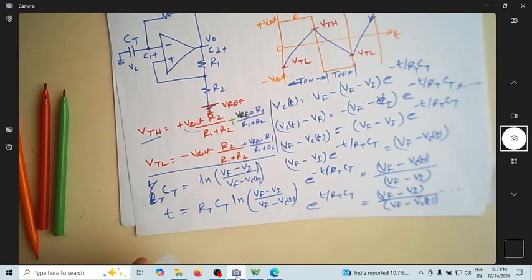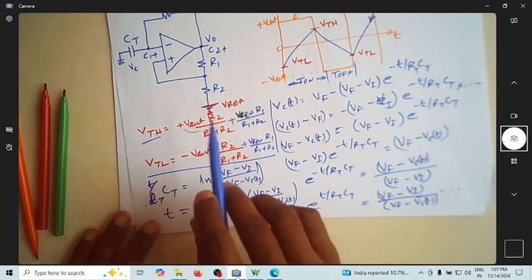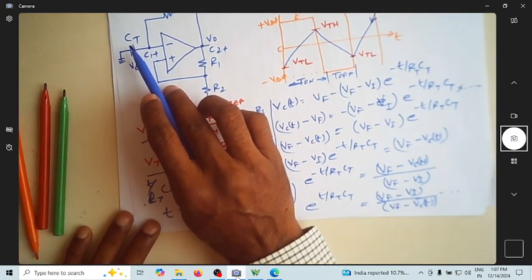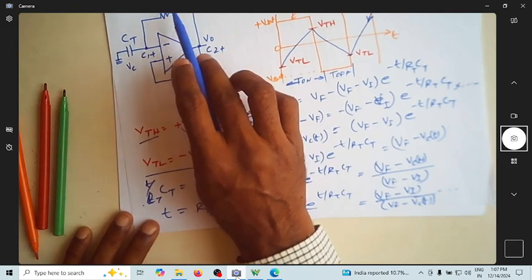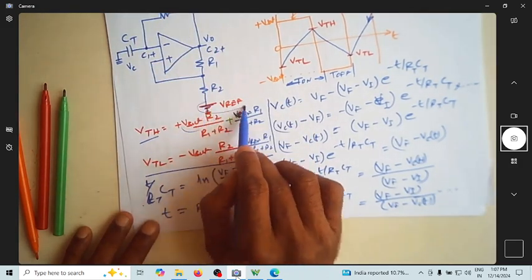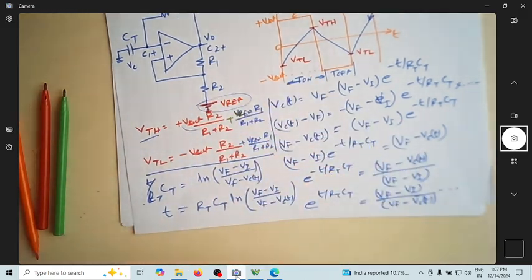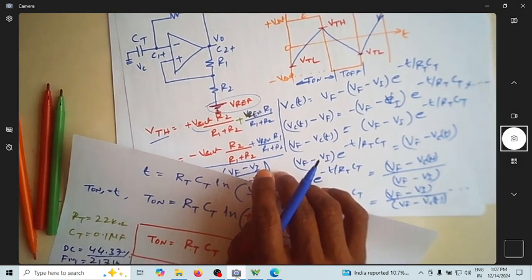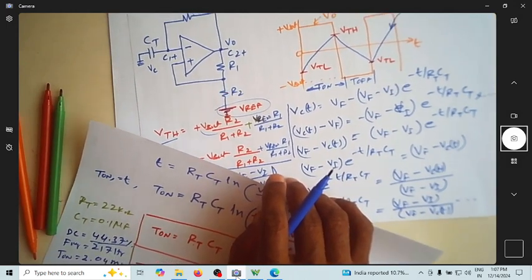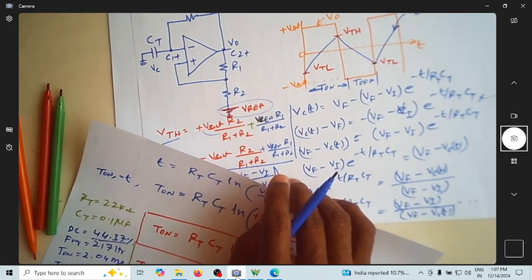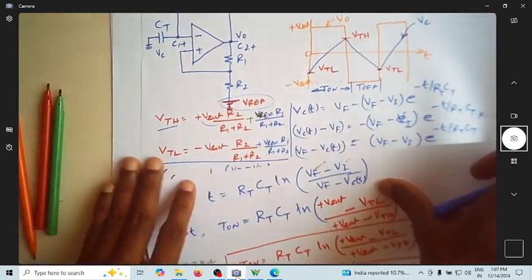What we'll do now is conduct an experiment with the same values of RTCT, change the value of V reference, and see if we can get a different duty cycle. In the previous video we saw how to get a different duty cycle with a totally different circuit.